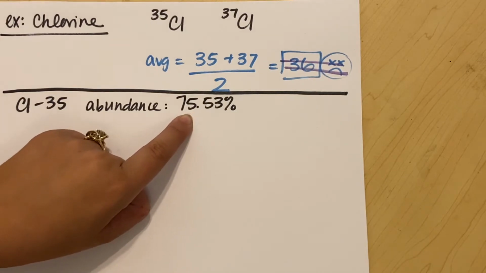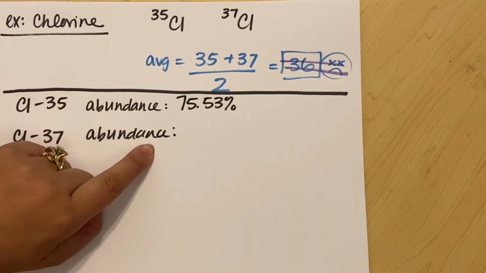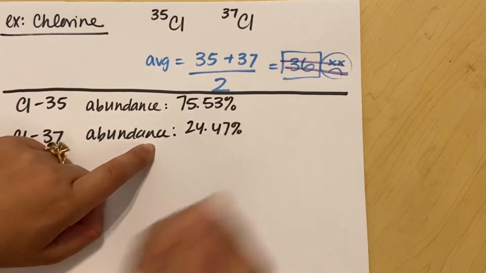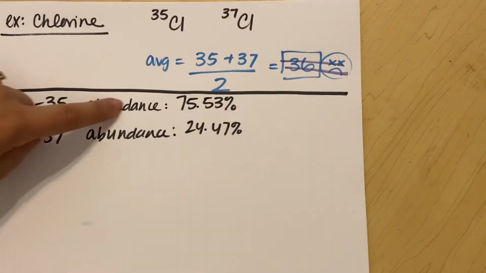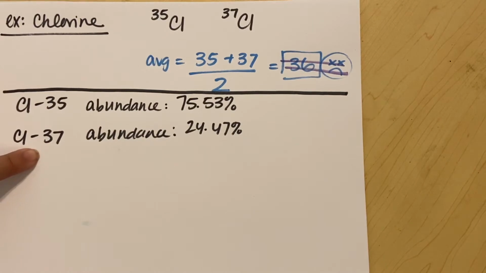For chlorine 37, I find that it has an abundance of 24.47% on the Earth. So there are more chlorine 35s than there are chlorine 37s on this world, which means we need to weight their different masses.